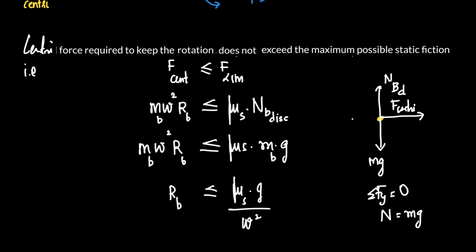So what we have is mu s into g is equal to omega square rb. So radius of beaker should be less than or equal to mu s into g by omega square. Okay. So this is what happens for the no slipping condition. So this ensures no slipping.